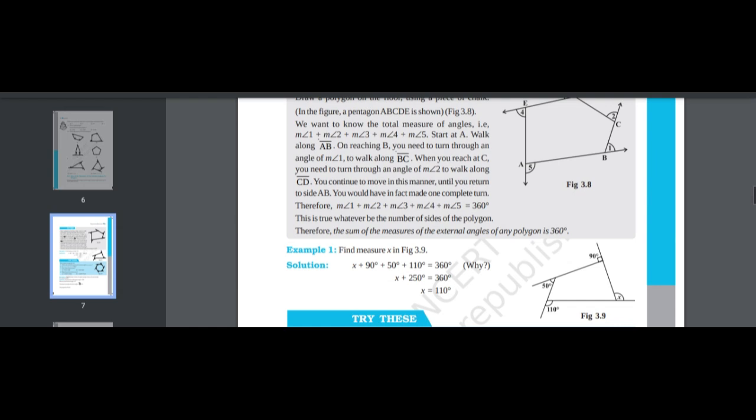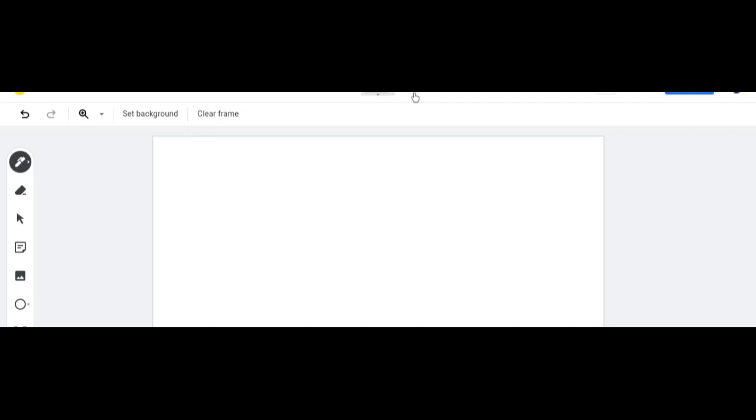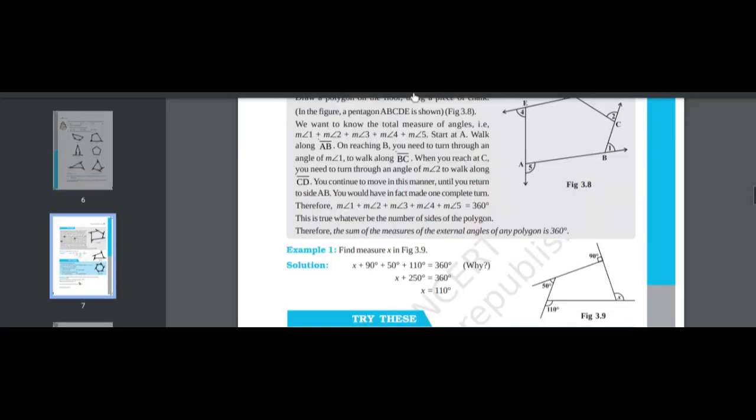You have to look at the screen. For example, here I have a polygon. Polygon has how many sides? 4. I will give you 4 different angles. Let's talk about the picture that is given in the textbook.